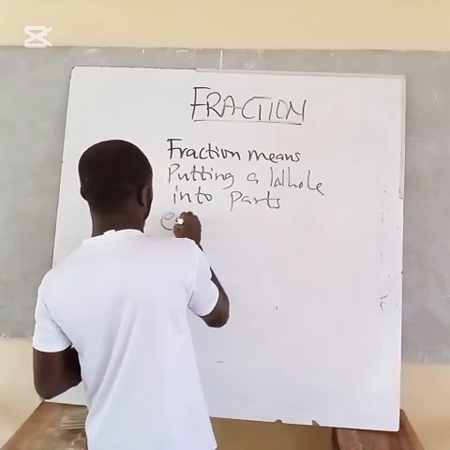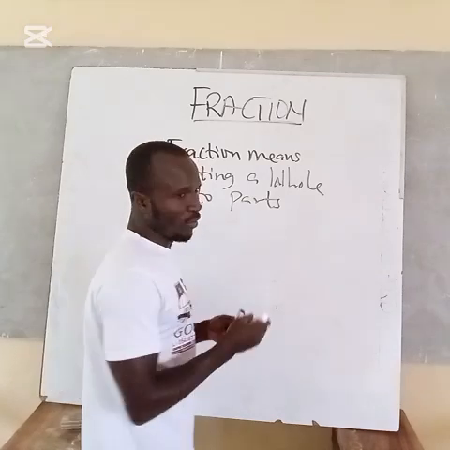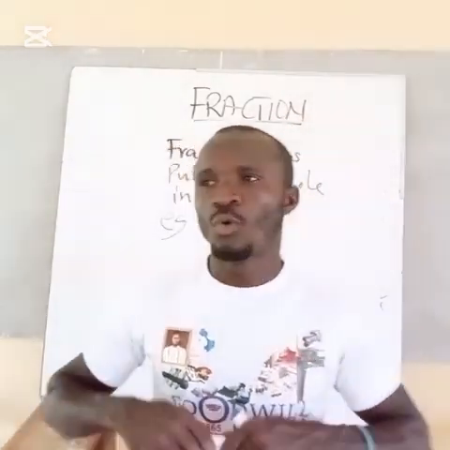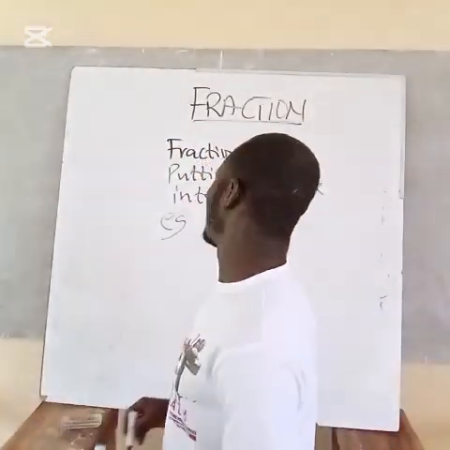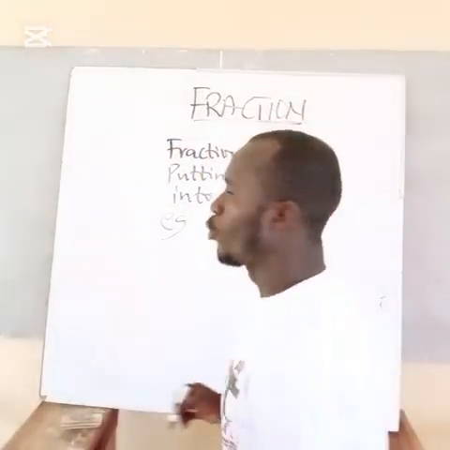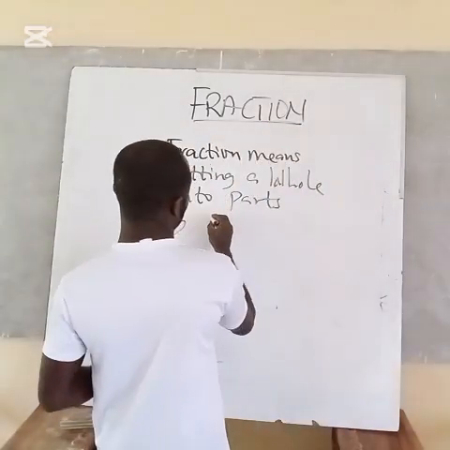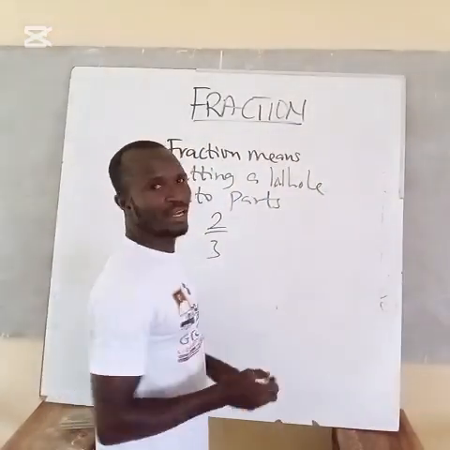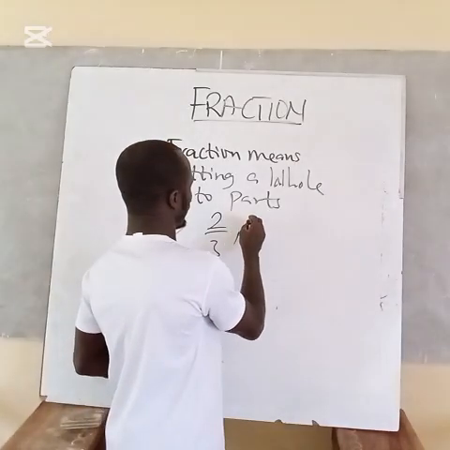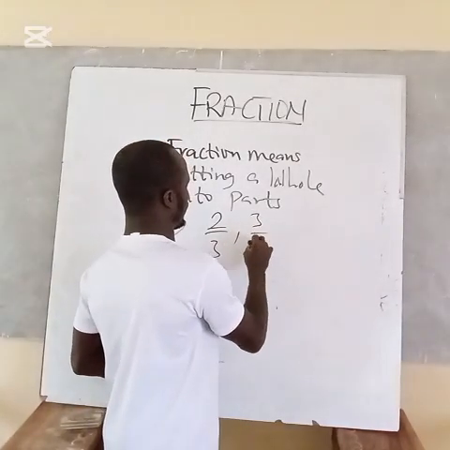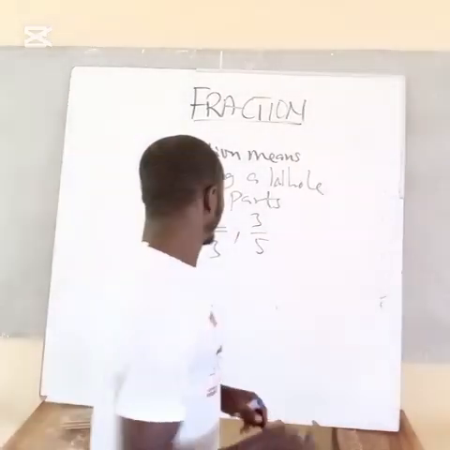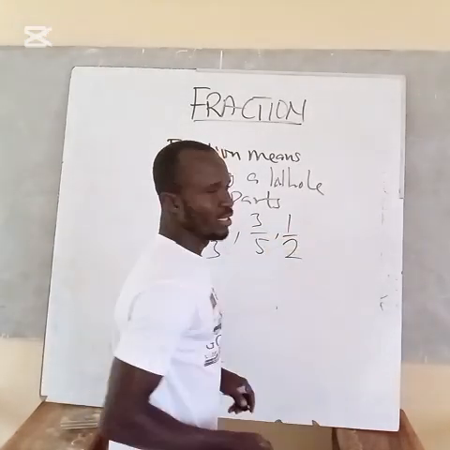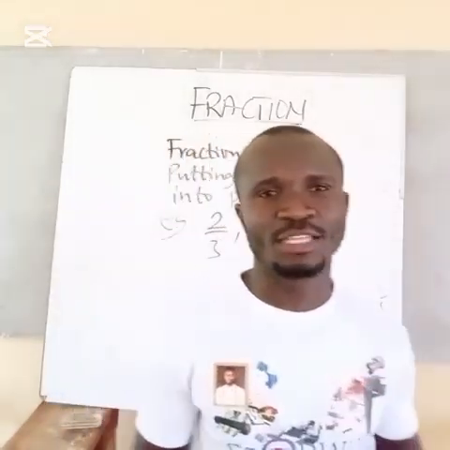So examples of fractions are: 2 over 3, 3 over 5, 1 over 2. So these are examples of fraction, or how we write fraction.